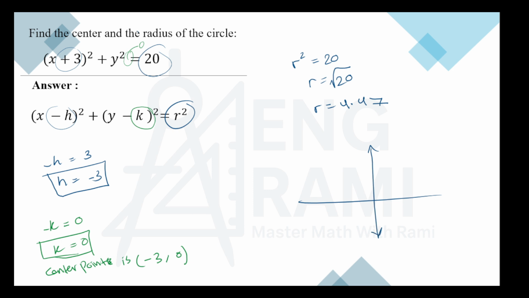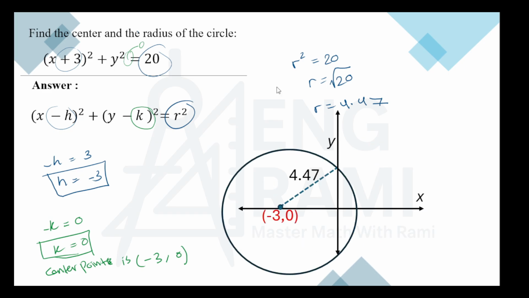Now, let us draw the circle. This is the center point, negative 3 this way. So it will be here. This is the negative 3, 0 point. And the radius 4.47. Then it will be something like this. Another shape represents the center point of the circle and the radius of it.